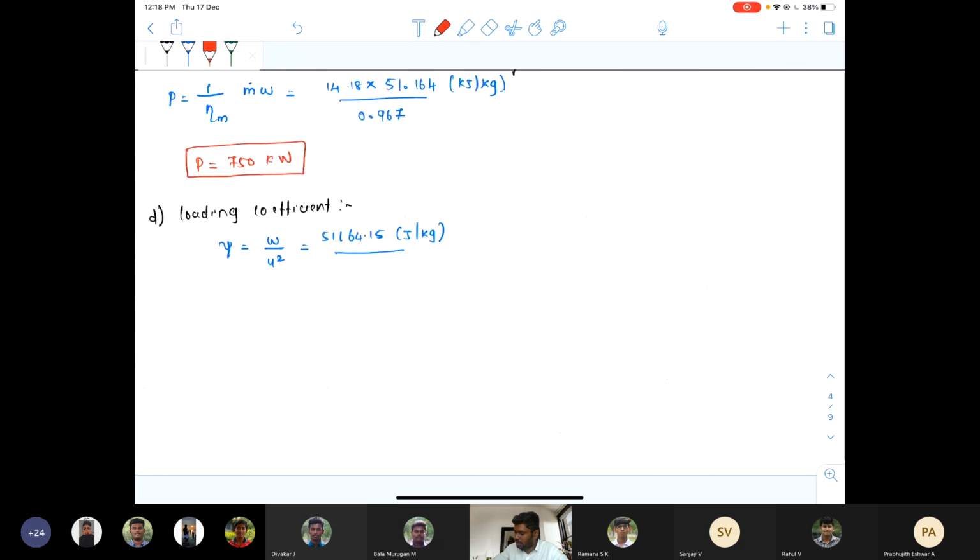If you substitute that, you get 339.292 whole square. On calculation, the value of psi will be equal to 0.444. Now we have found out the value of the loading coefficient.